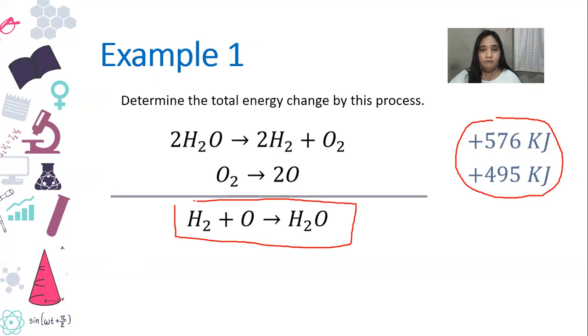As I said during our classes, the technique is to understand the positions of the elements: are they on the left side of the arrow or on the right side? That's where you start your observation or inspection. It's not really called an inspection method, but on my end it helps you a lot to understand the placement of the elements in the reaction. So here we have 2H2O yielding 2H2 plus O2.